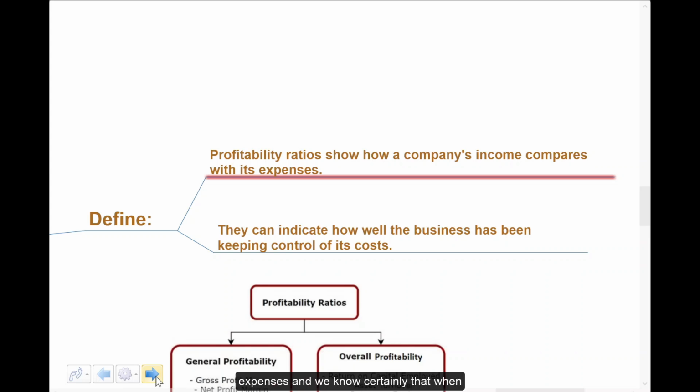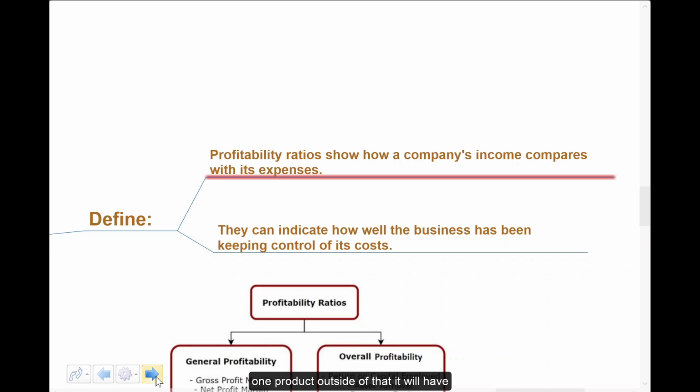And we know certainly that when we think about a profit and loss account, there are several different forms of expenses. So leaving aside revenue for the moment, we know that a standard company may well have cost of goods sold. So it may well have expenses that are directly related to the sale, the cost of selling one product.